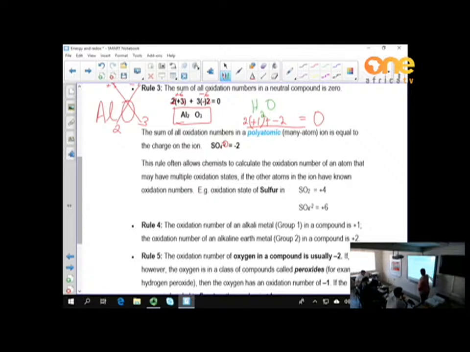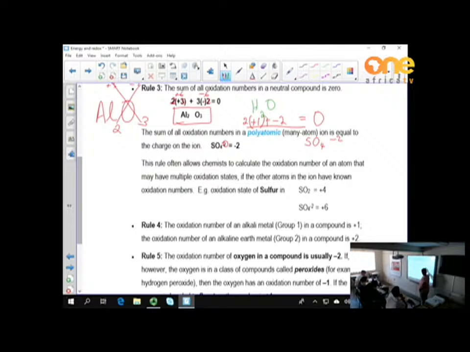So when I add the charges of the elements together, I must get that resulting charge. In sulfate, sulfur lies in group 6, so I know sulfur will have a charge. No, we can't work out the sulfur directly. We must look at the oxygen. Sulfate is -2. Oxygen has a charge of -2.